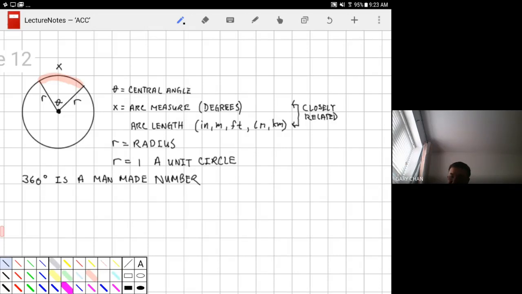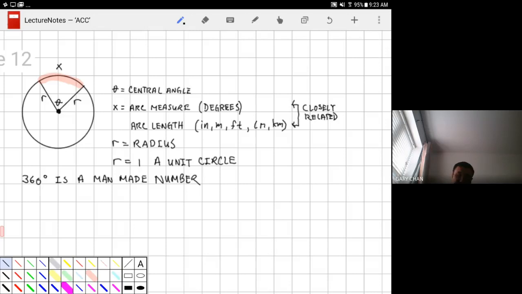The people who came to this consensus could have said, you know what, it may have been more useful to make the degree measure of a circle 1,000, or perhaps 100. It could be any of those things. But 360 degrees is a man-made number.